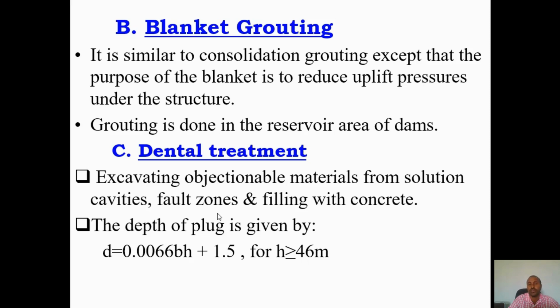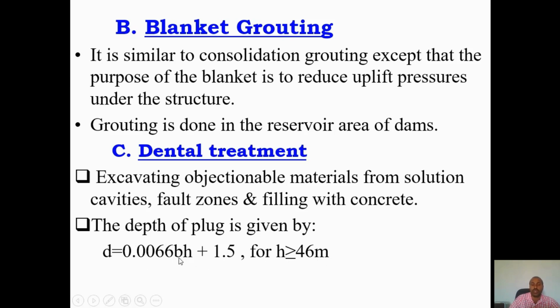So for the depth of plug, you can use this equation. Actually, it is empirical. The depth of plug is given by 0.0066 VH plus 1.5 for H more than or equal to 46, where H is the height of dam. If it is more than 46, the depth of plug will be given by this equation.